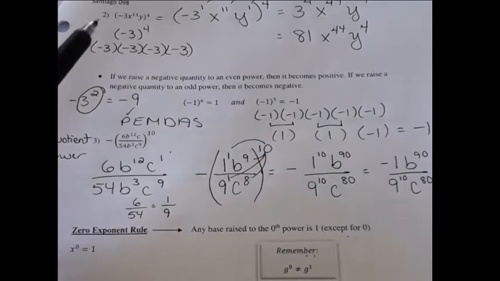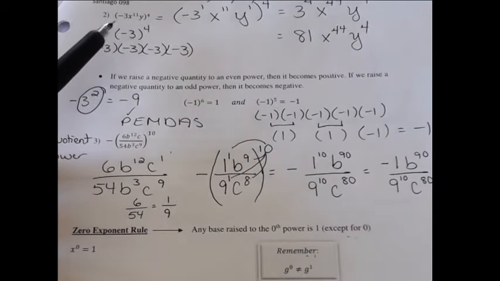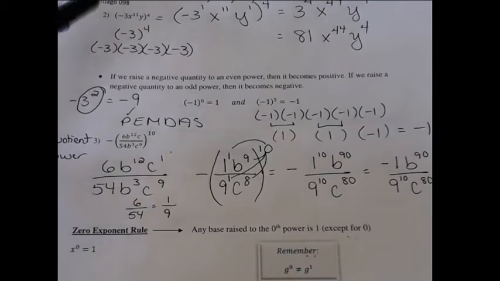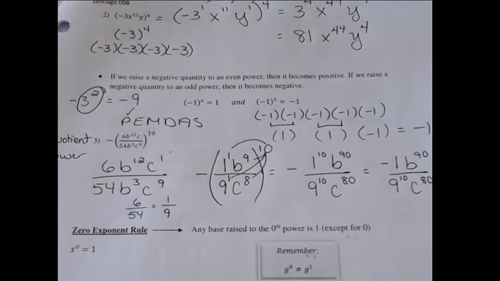Okay, so as a recap with our power rule, notice we had negative 3 to the 11th y. This entire expression is raised to the fourth power. This is indicative of the power rule. Because we have one term here, we want to take that power and distribute power times power.